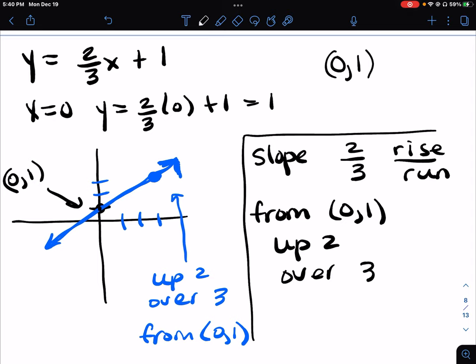The slope is 2/3, which means rise 2, run 3. Always start from your first dot. Okay, slope means start at one dot, go to the next dot. Okay, so starting at our first dot here, go up 1, go up 2, go over 1, 2, 3.